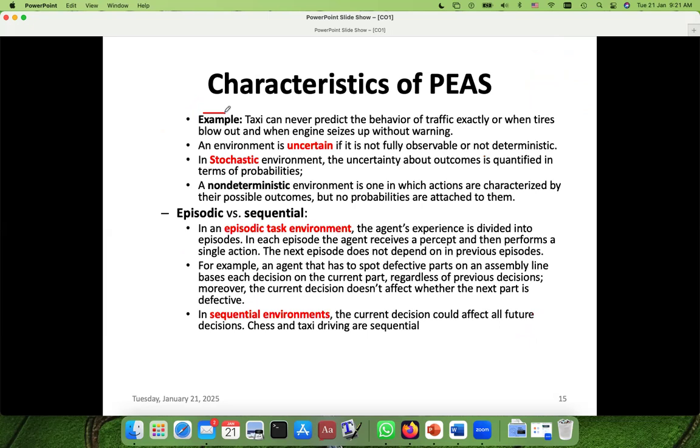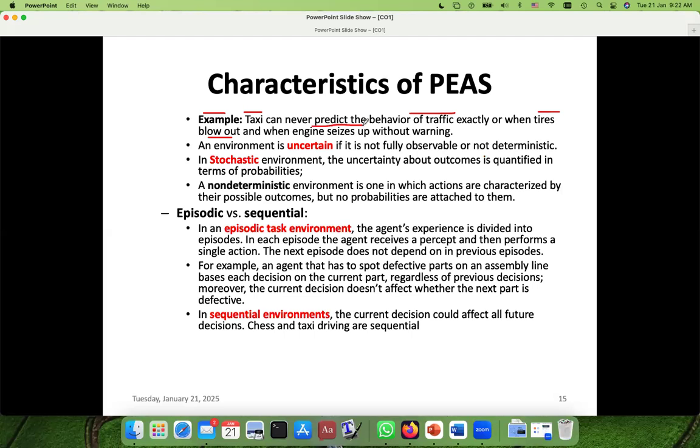If your automated taxi is going on the roads, your automated taxi agent cannot predict exactly what the traffic behavior would be at some location. Your taxi agent cannot predict when its tires will blow out. Your taxi cannot predict when its engine will seize up.